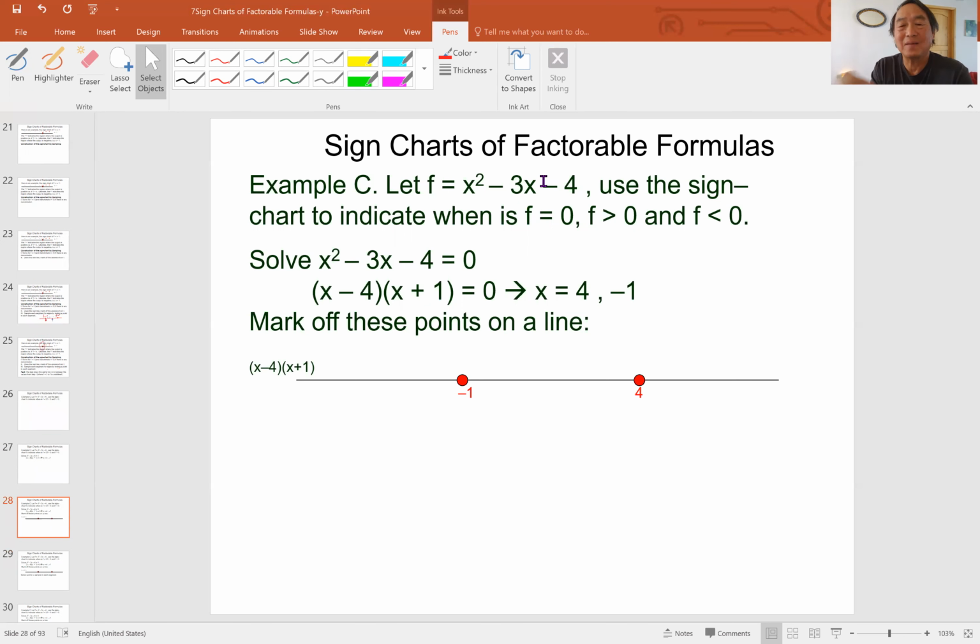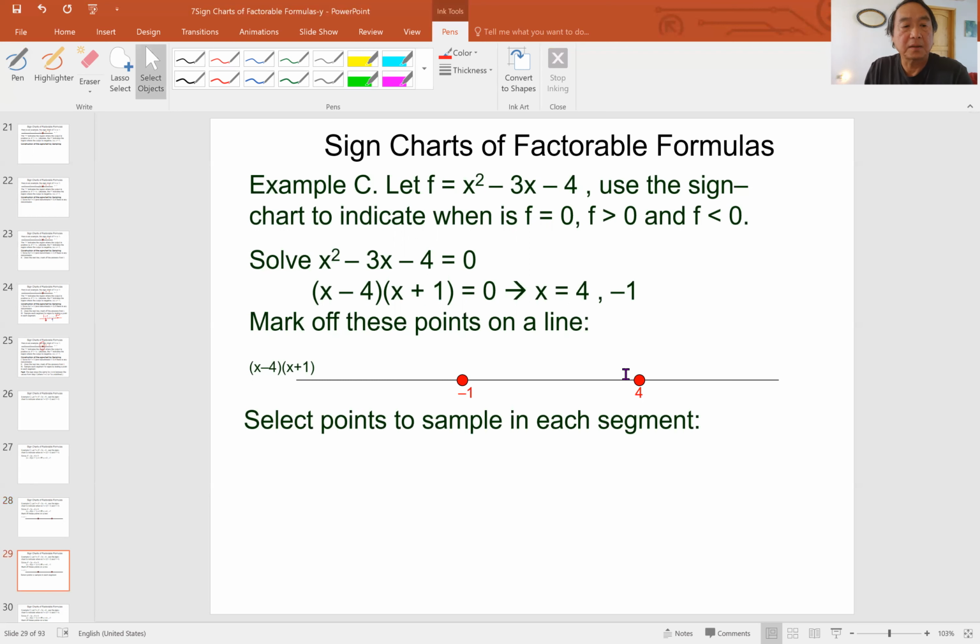Then we mark them on the line. We're going to make a one-dimensional graph for this formula. So these are the points where the polynomial expression is 0. And how about the other places? Well, for the other places, you want to find out whether they are plus or minus.